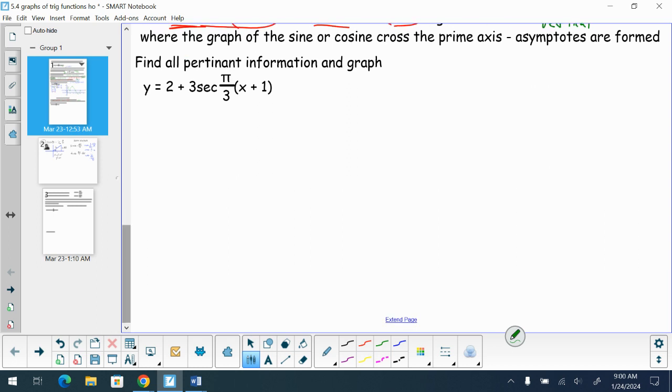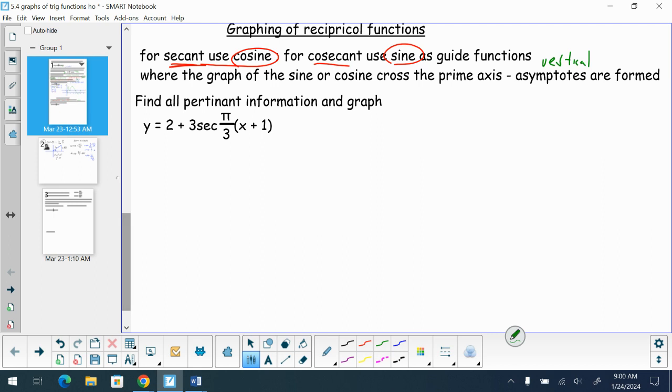So if we take a look at y equals 2 plus 3 secant of pi over 3 times x plus 1, we have a secant, so we're going to use cosine as our guide.